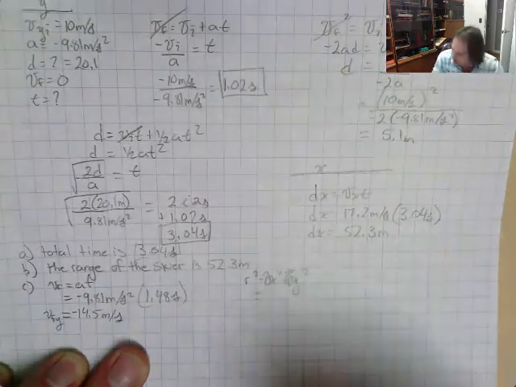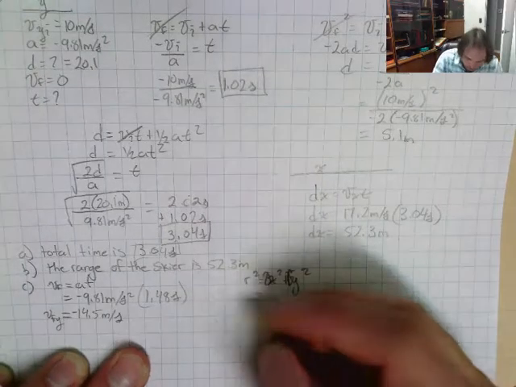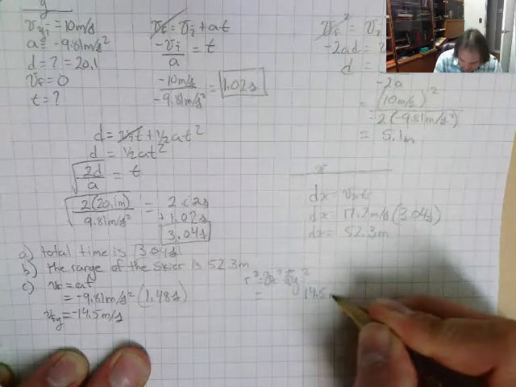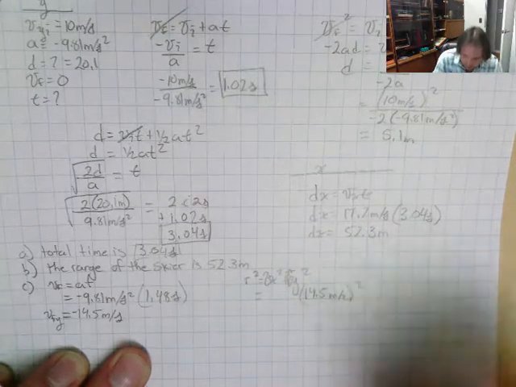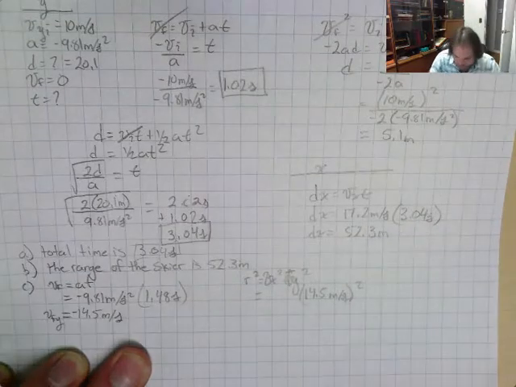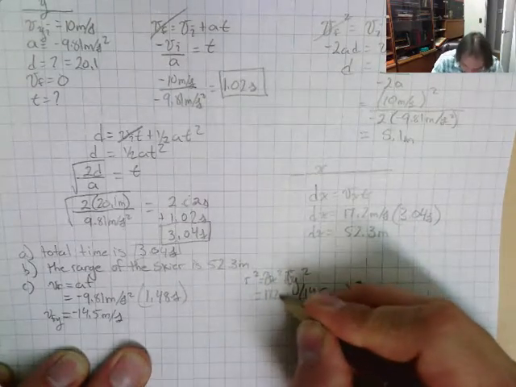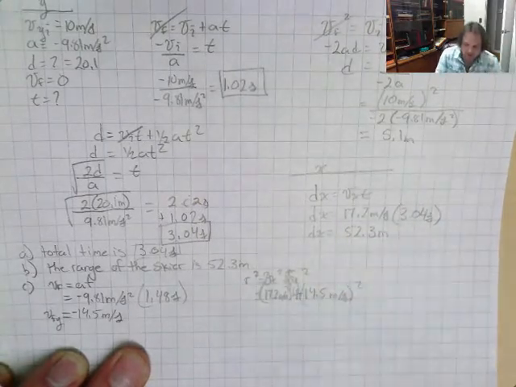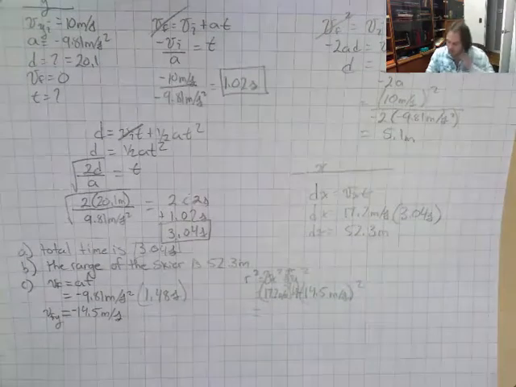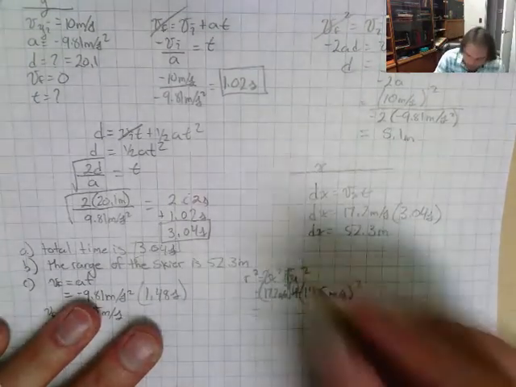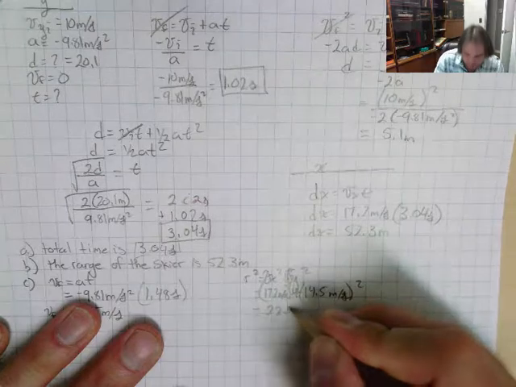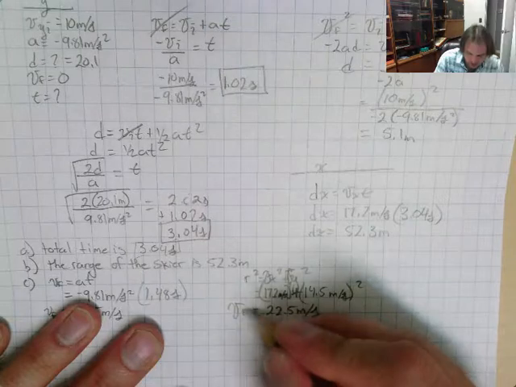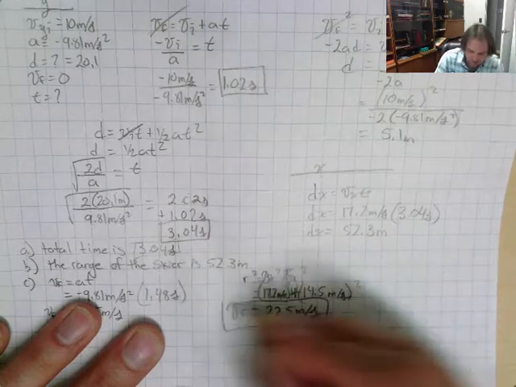My Vy is 14.5 meters per second and my Vx is 17.2. Now we add these together and square root them, which is going to end up giving me 22.5 meters per second. So now we know my resultant velocity is 22.5 meters per second.